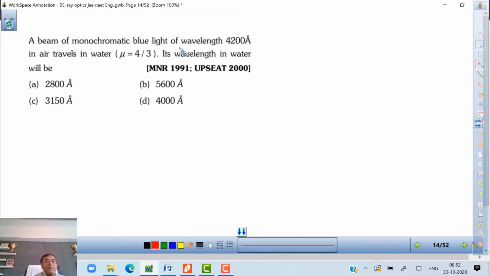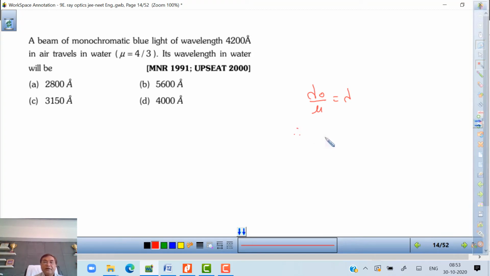Then I go for a B. Monochromatic blue light of wavelength 4200 angstrom in air travels in water. With reference to this one, the wavelength in the water will be, again same problem, lambda 0 upon mu is equal to lambda.